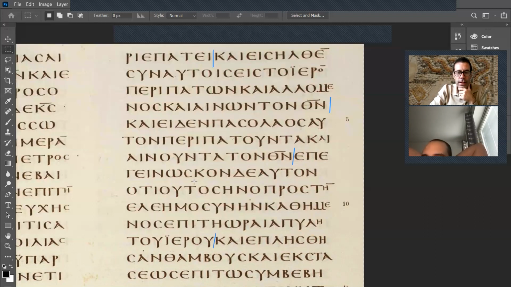Epeginoskon. Okay, first of all, I'll translate this. So they recognized him. They recognized him as the one who would sit for alms at the gate, or who would sit before asking alms.